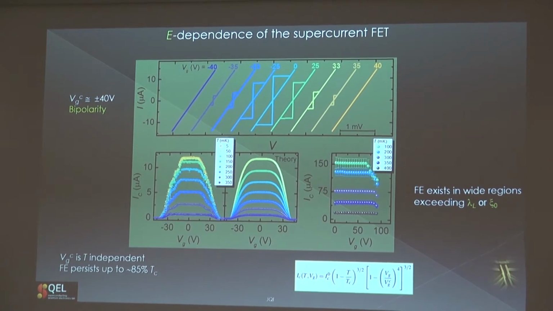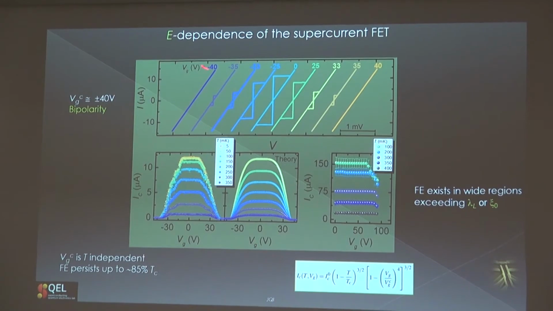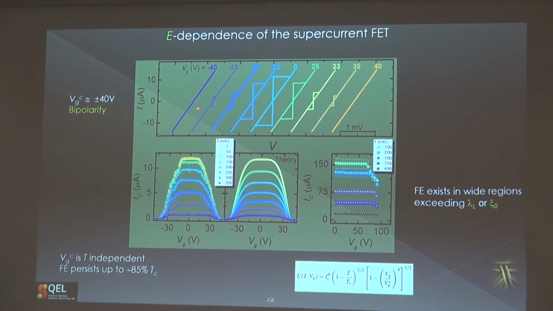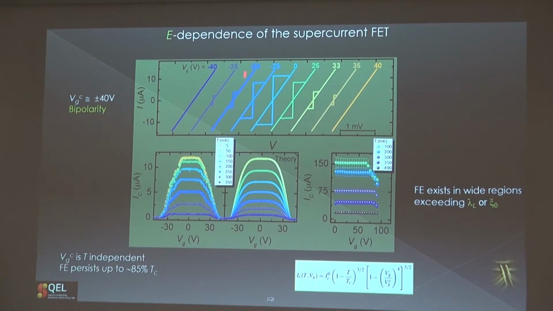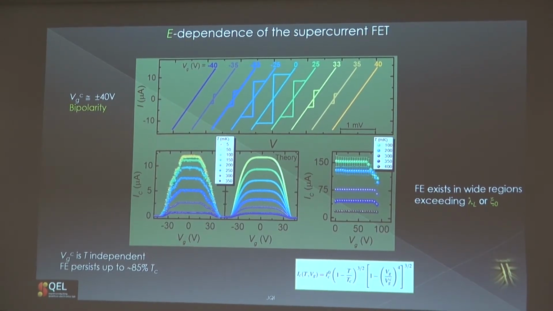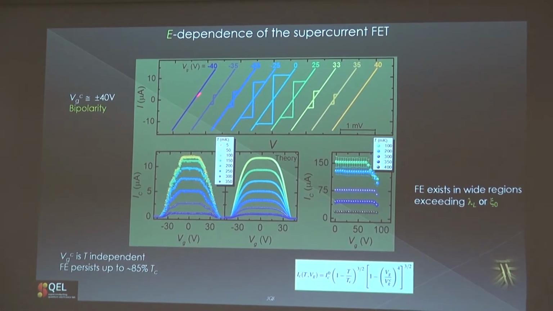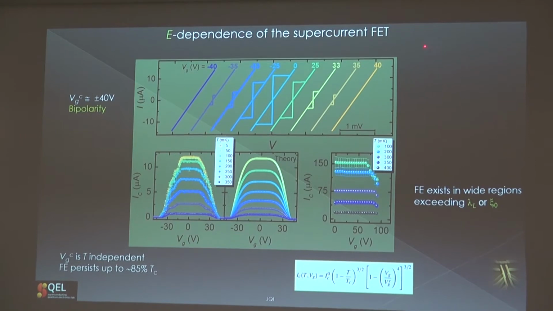So let's see the behavior as a function of the electric field. Here on the top are selected current-voltage characteristics registered at low temperature, around 5 millikelvin bath temperature, as a function of the gate voltage applied simultaneously to all the gates present in the structure, from minus 40 volts up to plus 40 volts.